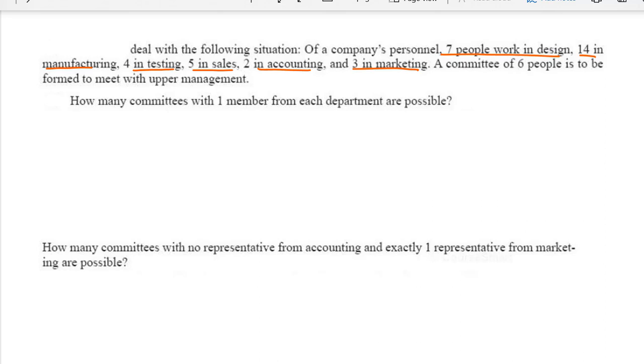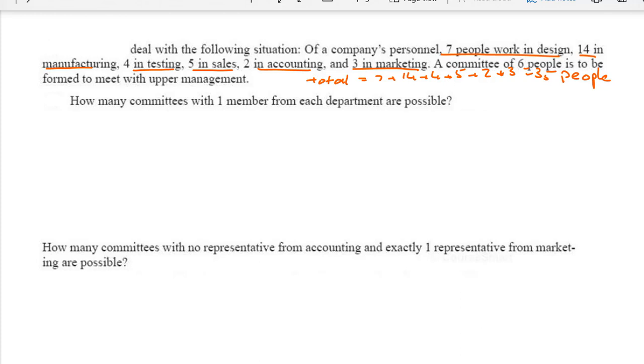If you look at the total number of people from this company, we have 7 plus 14 plus 4 plus 5 plus 2 plus 3. We have 35 people to choose from. But there are some restrictions. It says, how many committees of 1 with 1 member from each department are possible.